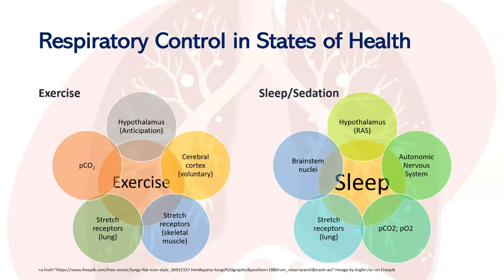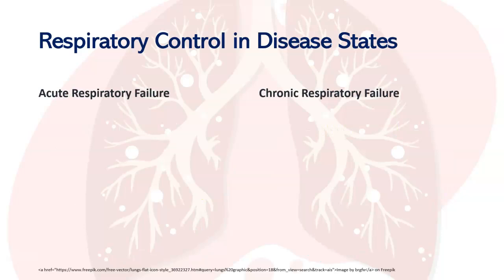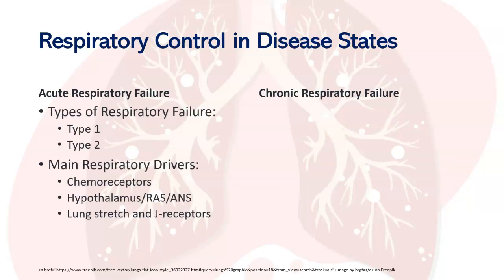Okay, let's look a little bit at disease. So let's start with acute respiratory failure, bearing in mind that this could be type 1 or type 2 respiratory failure. The patient is having difficulty breathing and gas exchange is inhibited. This will of course stimulate chemoreceptors either through a drop in the PO2 or a rise in PCO2.